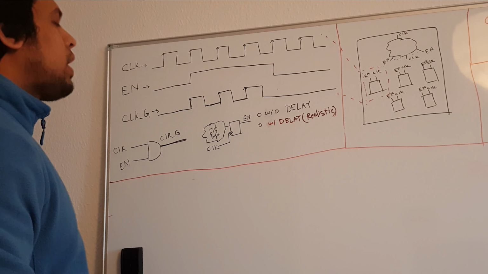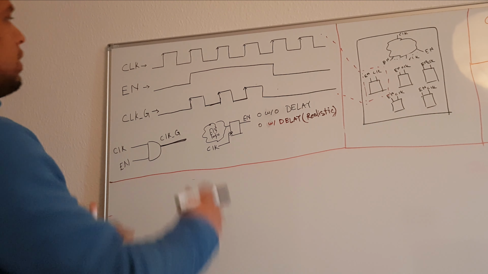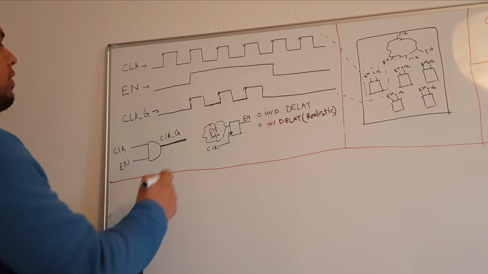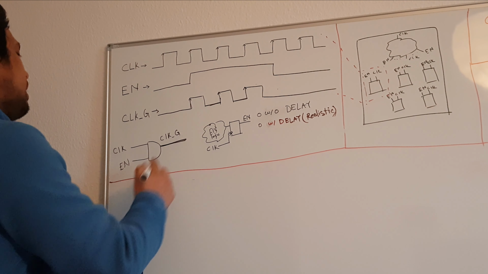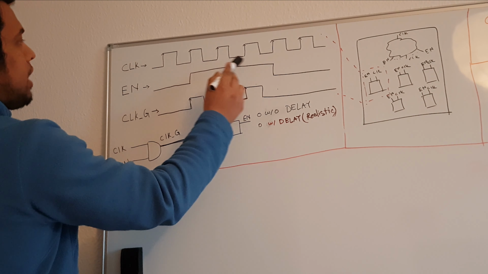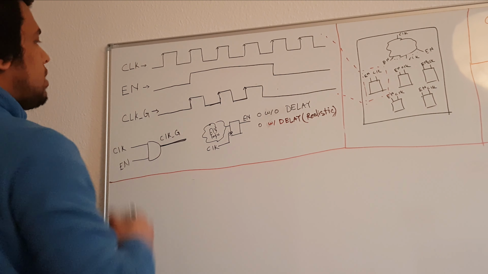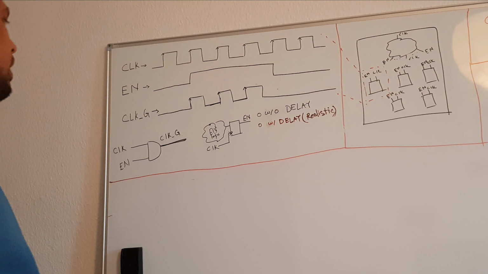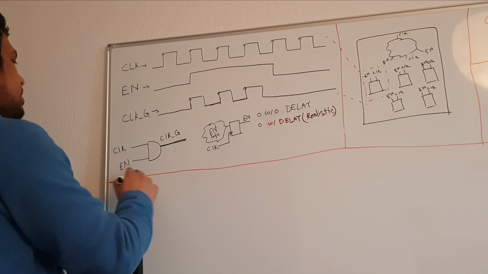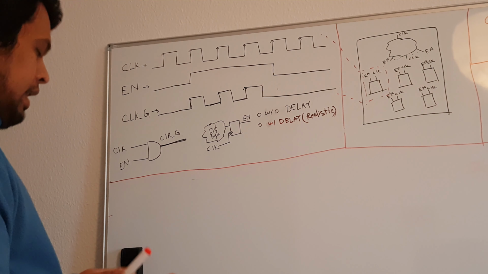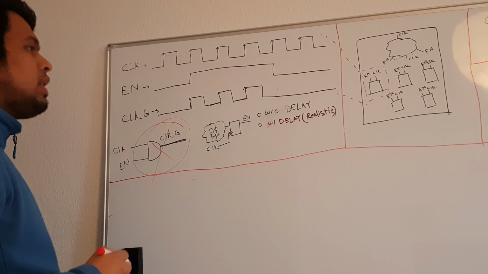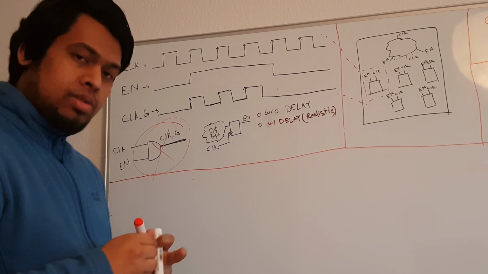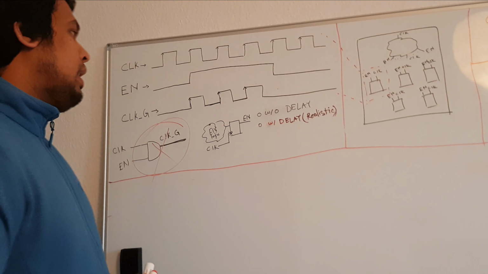Now according to this logic, it seems like a very simple AND gate. We have a clock, we have an AND gate, and when the enable is high it will propagate, otherwise it will not. So it seems like very simple logic, but in practicality this is not very good for a lot of reasons.